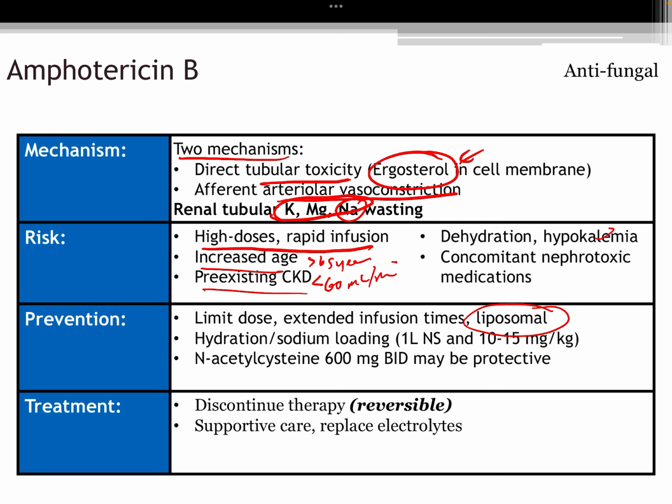Dehydration, hypokalemia, as it does cause potassium wasting, and concomitant nephrotoxic medications. We once again can use N-acetylcysteine whenever we're using these agents to help prevent your risk. Treatment really is discontinuing therapy and providing supportive care.